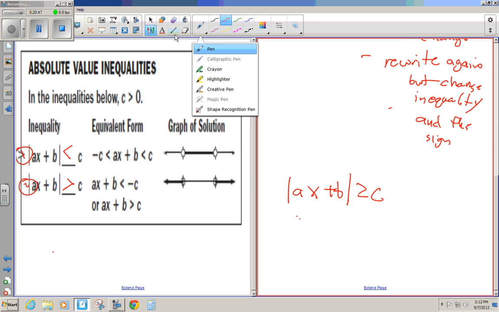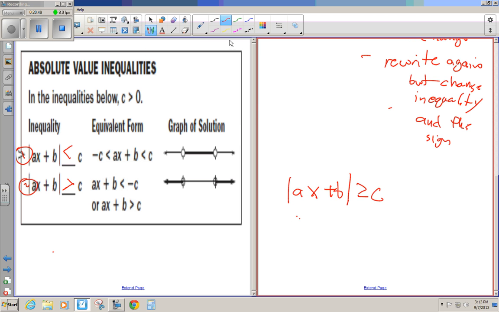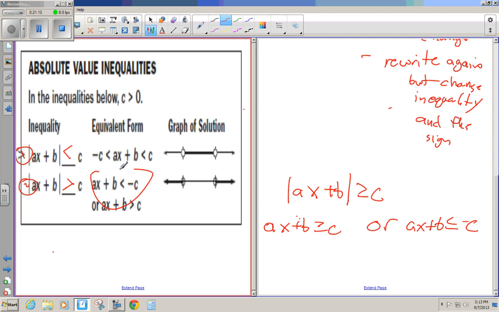So rewriting it with no change is ax plus b greater than or equal to c. Or you rewrite it again, but change the inequality and the sign. So you rewrite ax plus b, but you change the inequality and you change the sign. That's what this is right there.